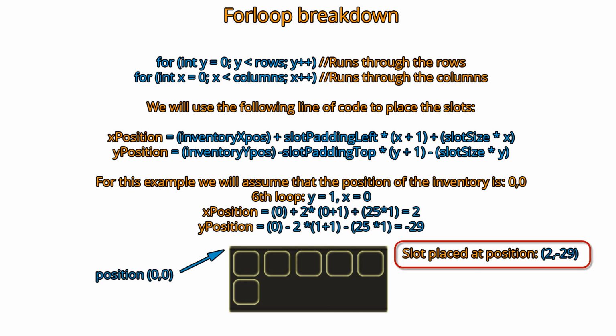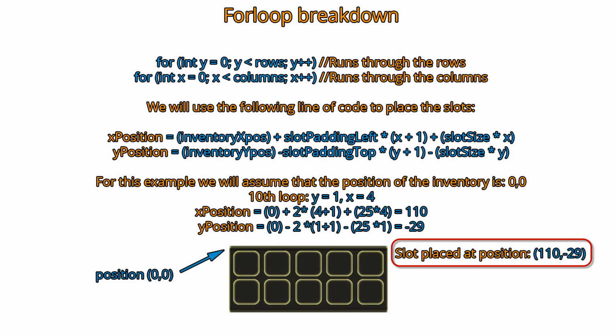And we will keep doing this until we have filled out the whole inventory with slots. And that means that the last slot is placed at position 110, -29. I hope this makes sense. And now we can start writing our code that is going to do all this for us.